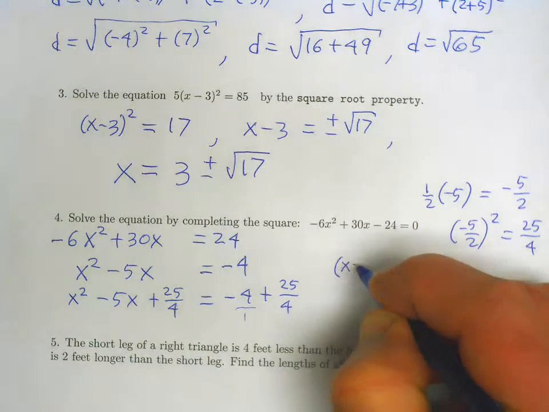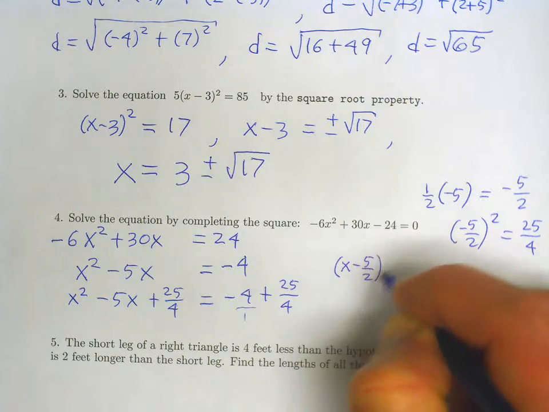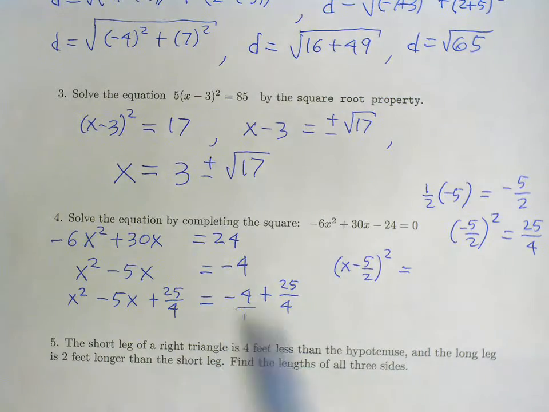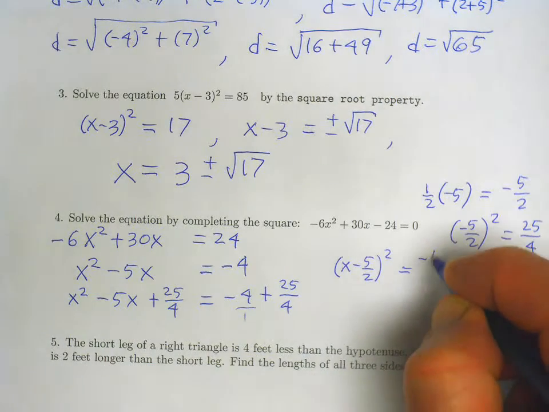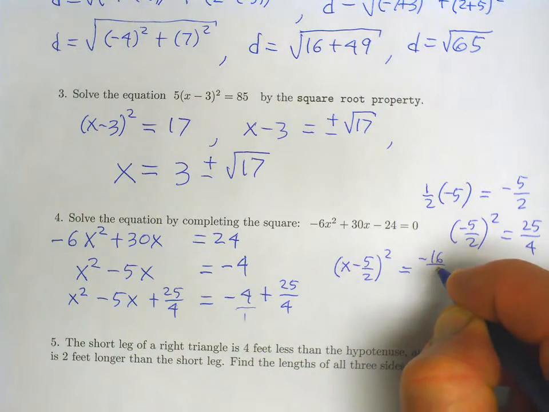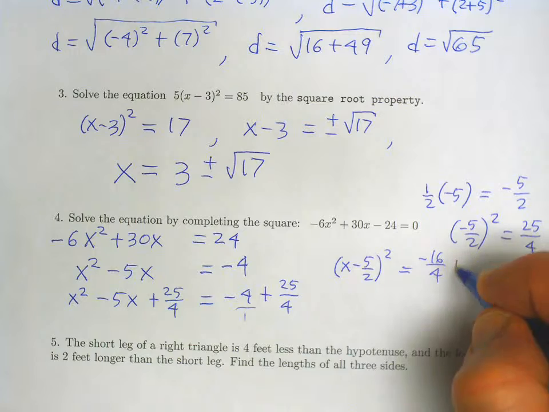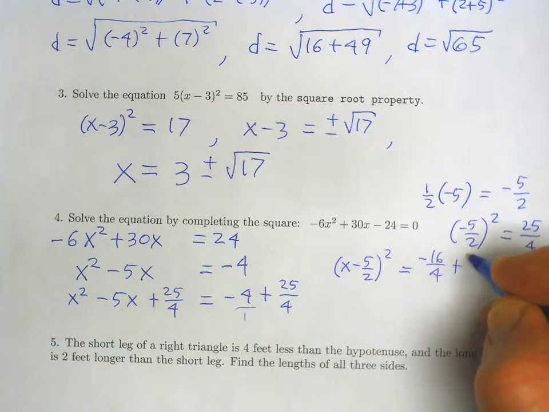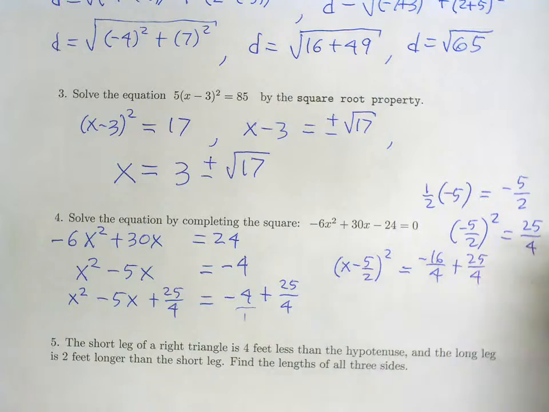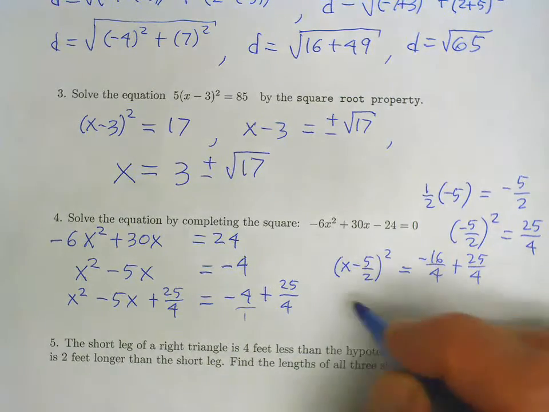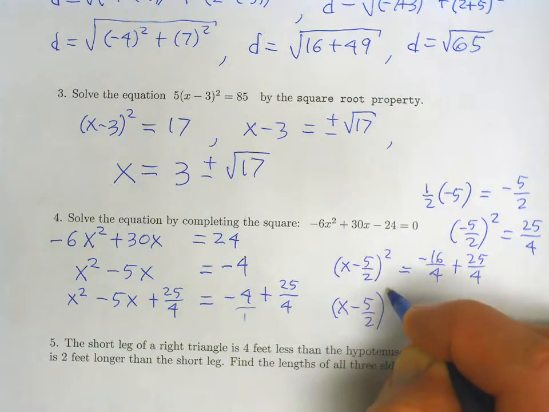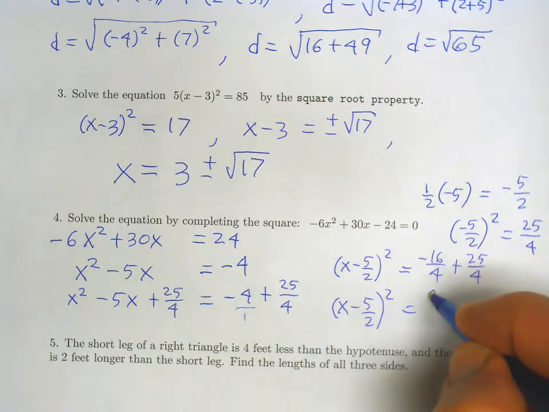It's x minus 5/2 squared. And -4 is equivalent to -16/4. So -16/4 plus 25/4. And then we get x minus 5/2 squared equals 9/4.